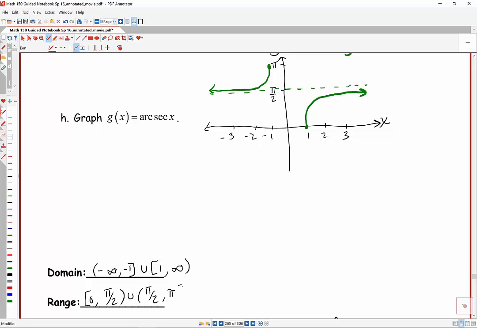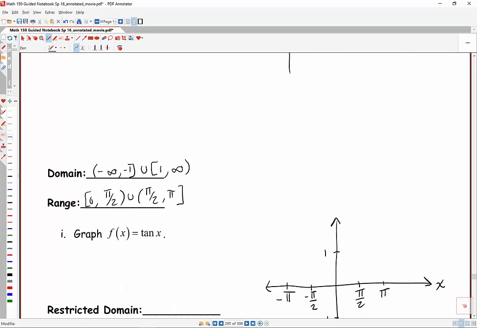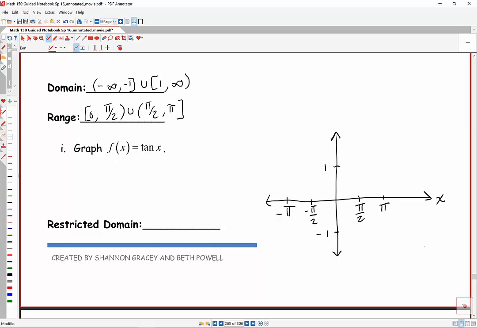All right, so next up we've got our tangent function. The tangent function is going to have vertical asymptotes at negative pi over 2 and pi over 2. And we'll have points at (0, 0), (pi over 4, 1), and (negative pi over 4, -1).